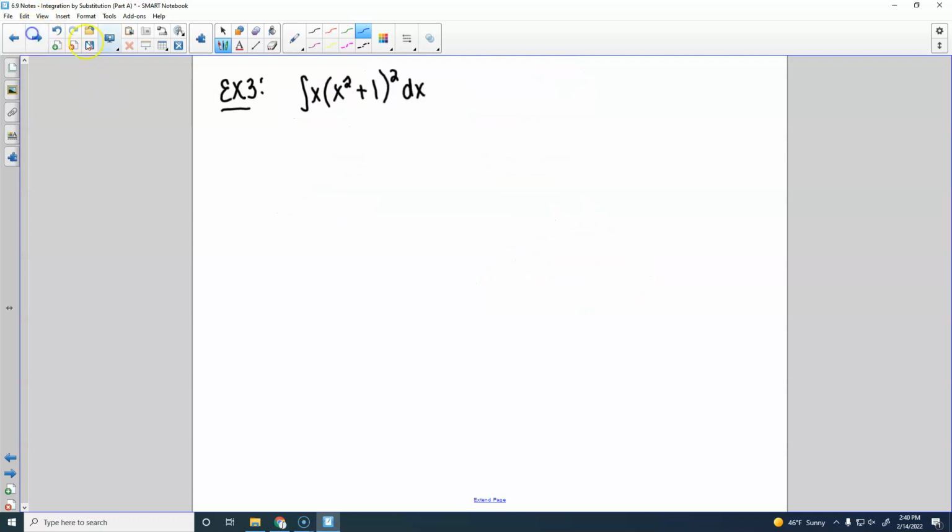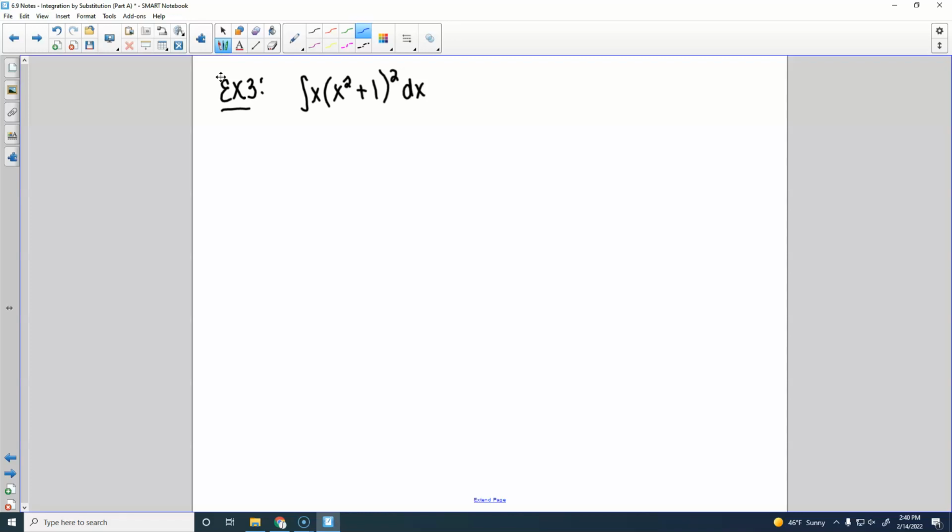All right, let's look at what happens if we don't have everything we need for the du. It's not that bad. We'll just get it. So copy this one down for me. We're not going to distribute, although technically you could square this out and distribute.